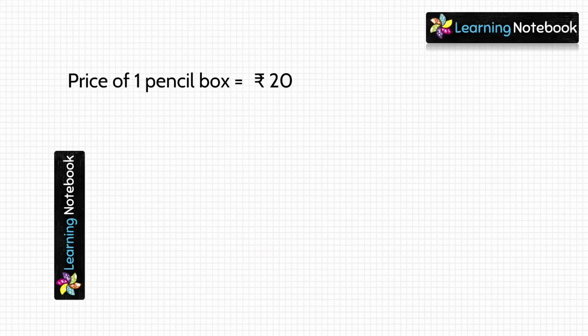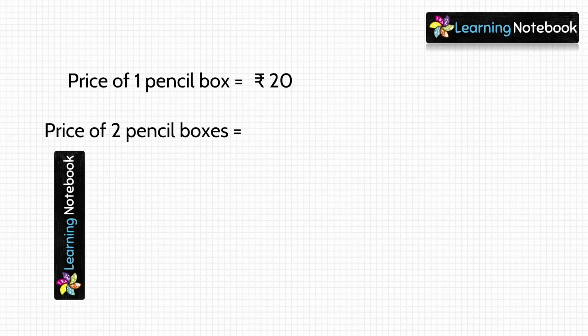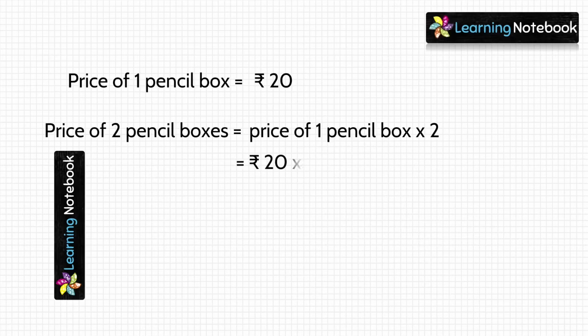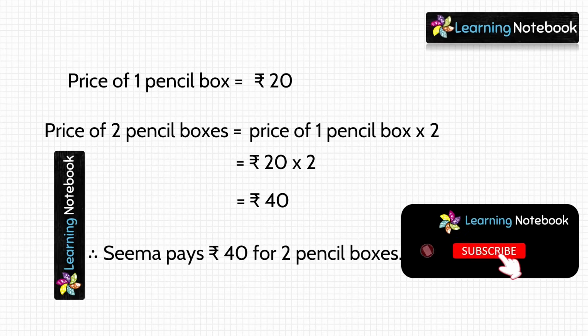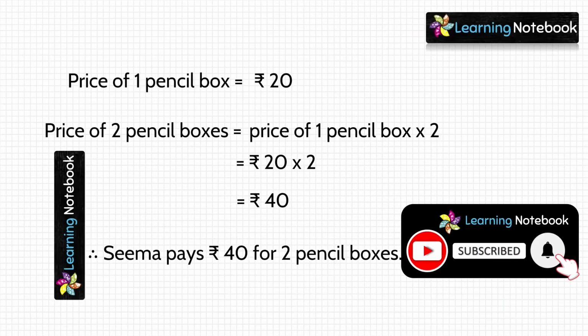Now, to find the price of two pencil boxes, we will multiply the price of one pencil box by 2. Price of one pencil box is rupees 20. So we will do 20 multiplied by 2, which equals rupees 40. So our answer is Seema pays rupees 40 for two pencil boxes.